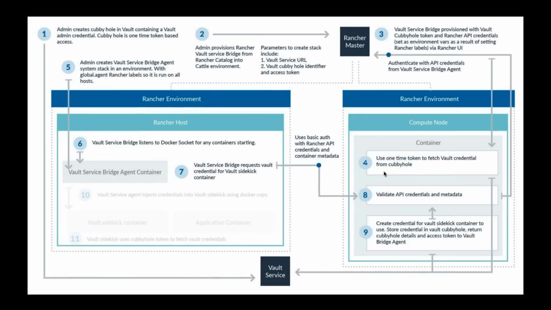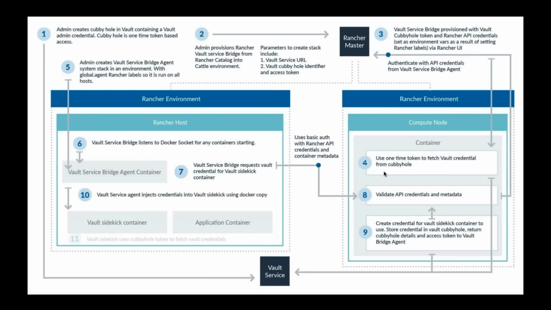Once that's validated, the service goes and looks for policies to associate with it. If it finds one, it creates a temporary token and a new permanent token for that application to use, and it creates the cubbyhole for it.